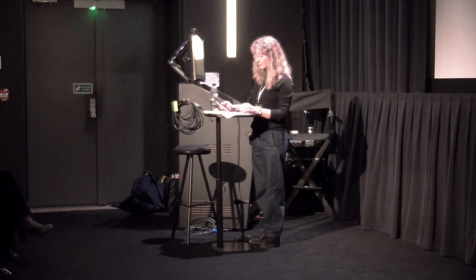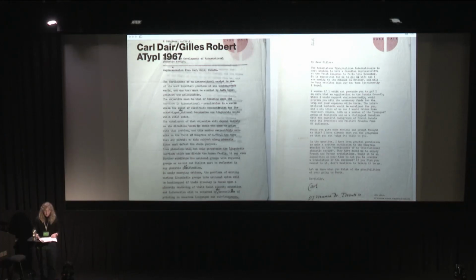Instead, he envisioned a universal script that could bridge them, perhaps alluding to Canada's own linguistic tension at the time. Dare also encouraged Robert to represent Canada's younger generation of bilingual designers in Quebec.